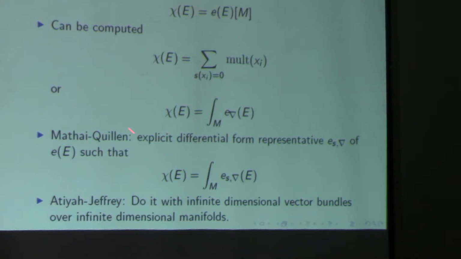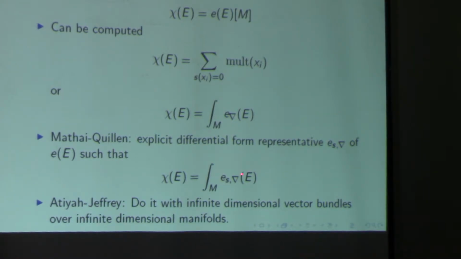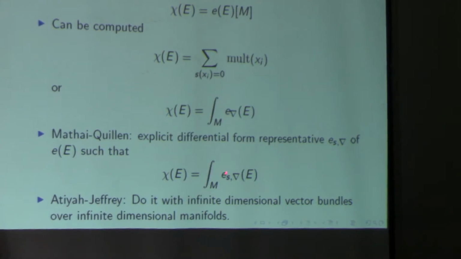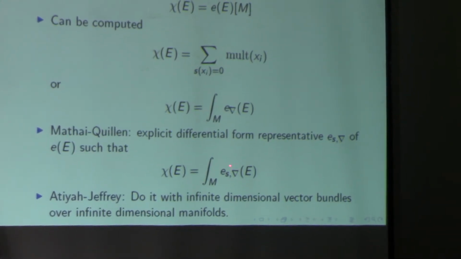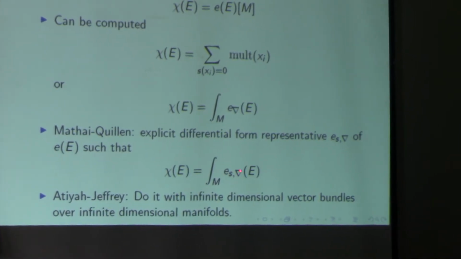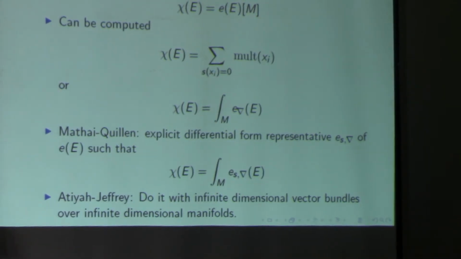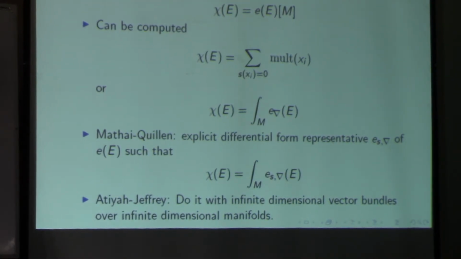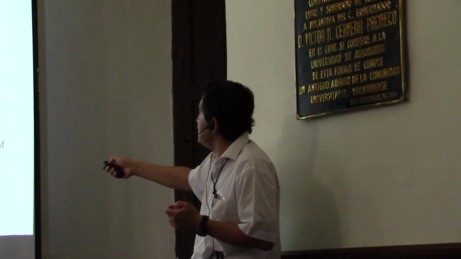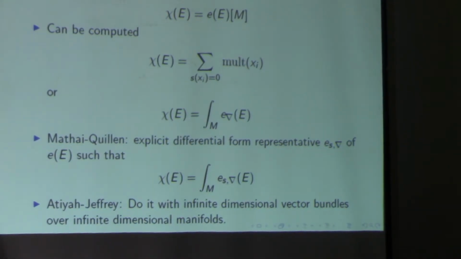What Mathai and Quillen did was to give other representatives of the Euler class to evaluate this thing. Representatives that depended both on a section and on a connection. And the argument went like, if you multiply the section by a lambda and you let lambda go to infinity, you get this result, and if you let it go to 0, you get this result, or something like that.